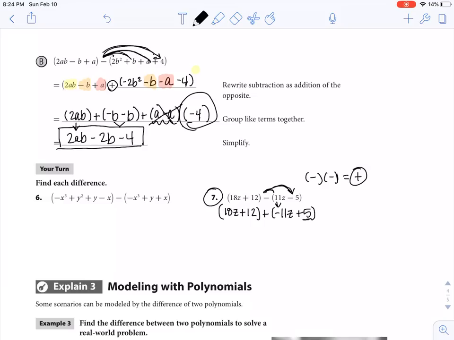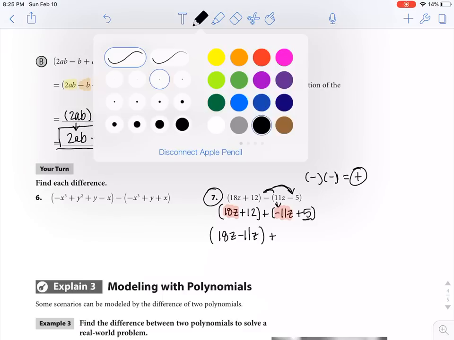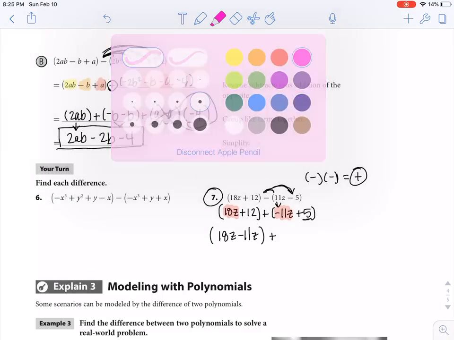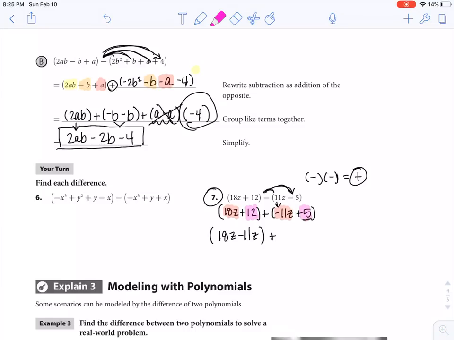And so if I go ahead and I combine like terms, I have a z here and I have a z here. So I can put those in parentheses together. So I have 18z minus 11z plus, let's see, I have 12 and I have 5. Those are like terms, so I can go ahead and combine those.